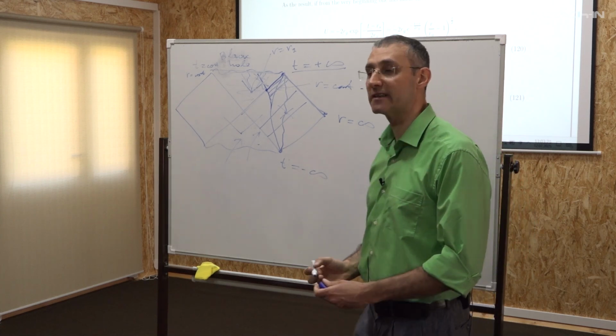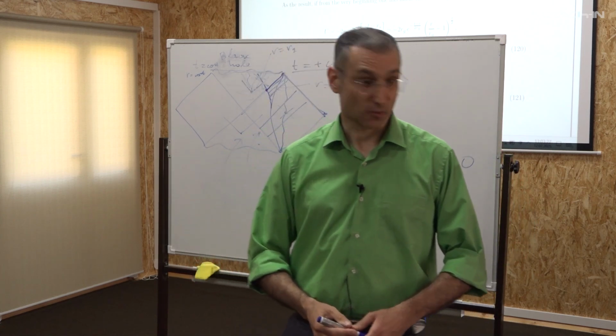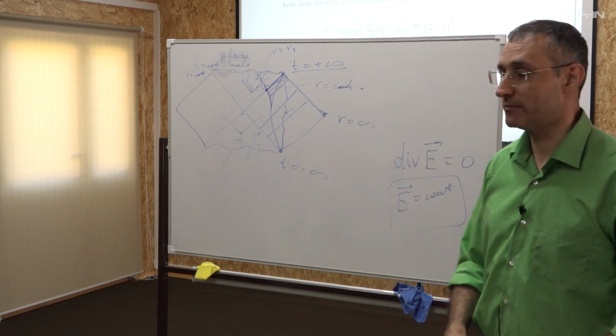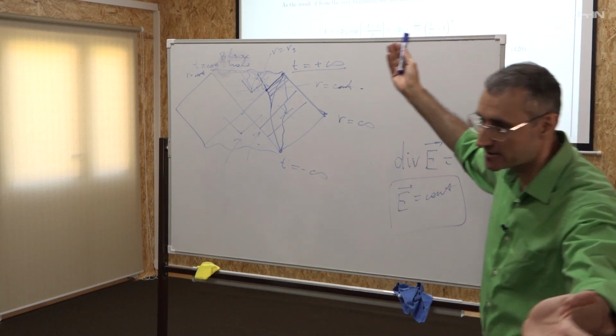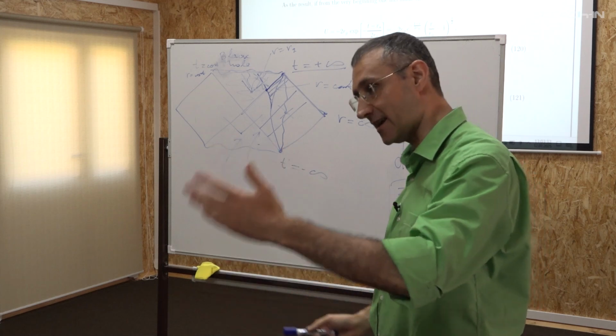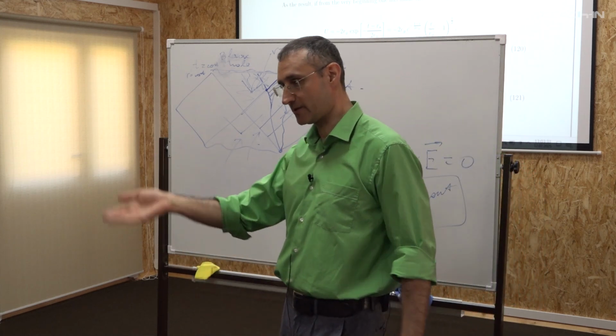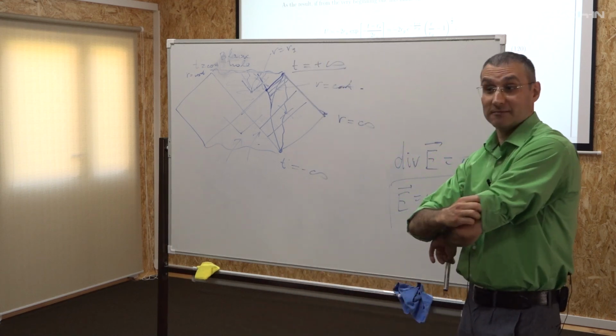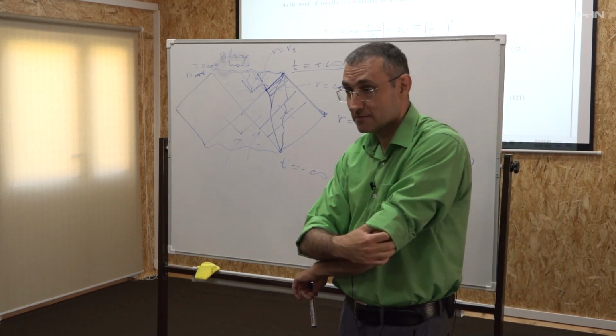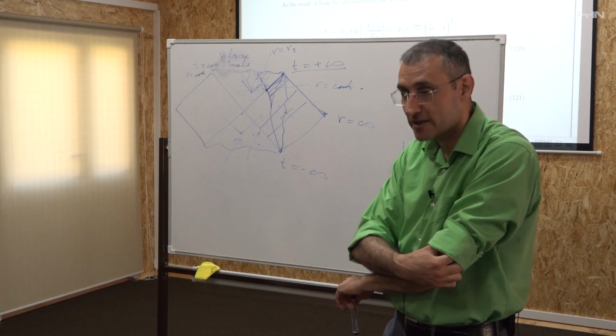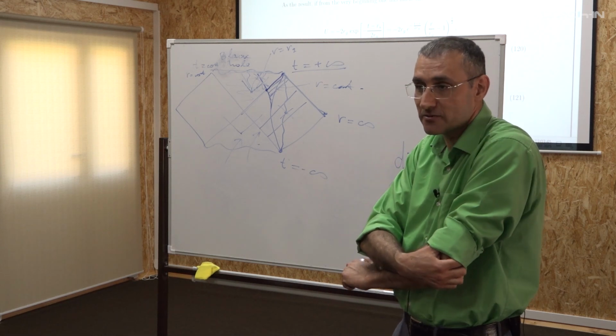Is this solution physical? Probably no. Actually, I can exclude it, because it carries energy, so it will curve space-time. So it's an unphysical solution. Even Maxwell equations have non-physical solutions.